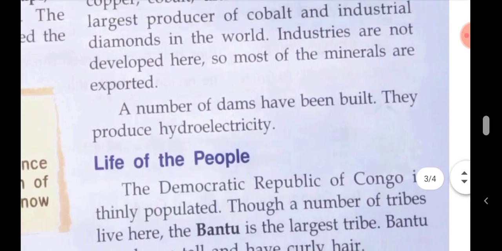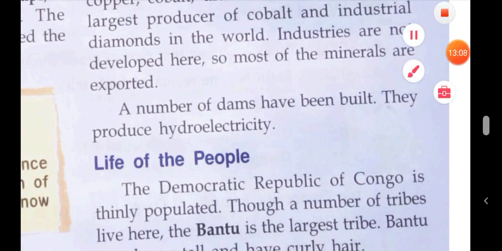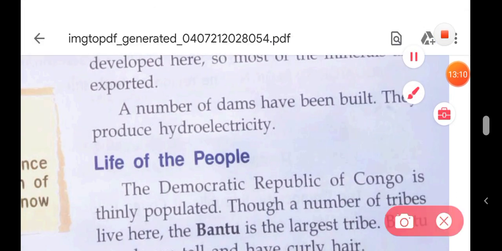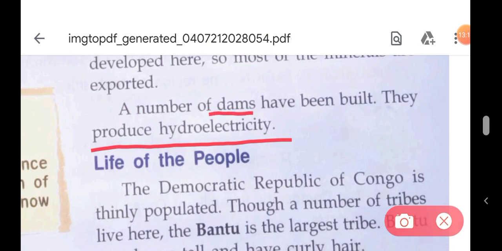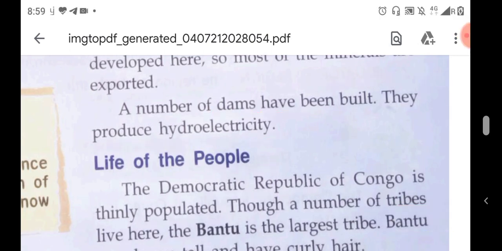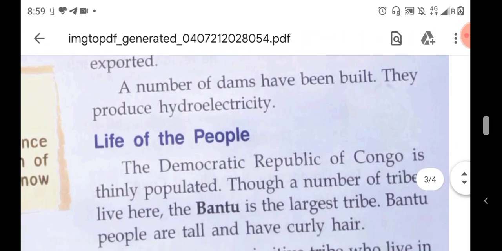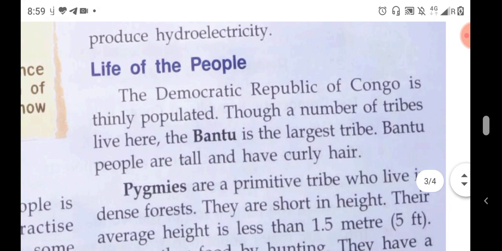A number of dams have been built. They produce hydroelectricity. Hydroelectricity means when we produce electricity from water, like from a dam, that is called hydroelectricity. So there are a large number of dams and these dams produce hydroelectricity for this country.